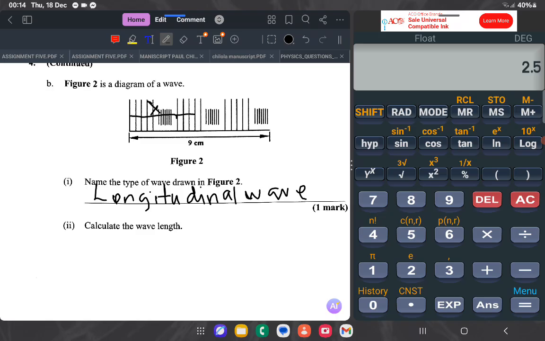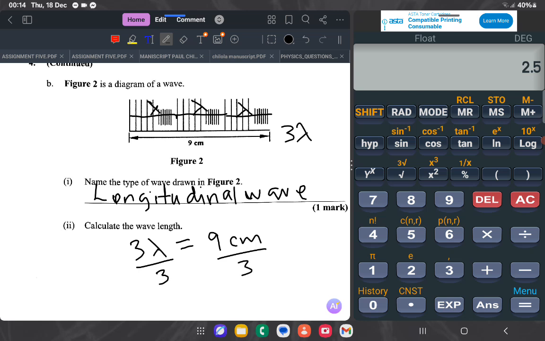We have another one, 2, and then we have another one, 3. So we have 3 wavelengths here, which is equal to 9 centimeters. To find one wavelength, you simply divide both sides by 3. So therefore the wavelength is simply equal to 3 centimeters. That's all.